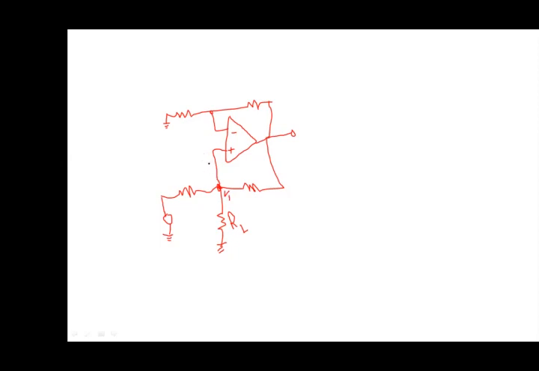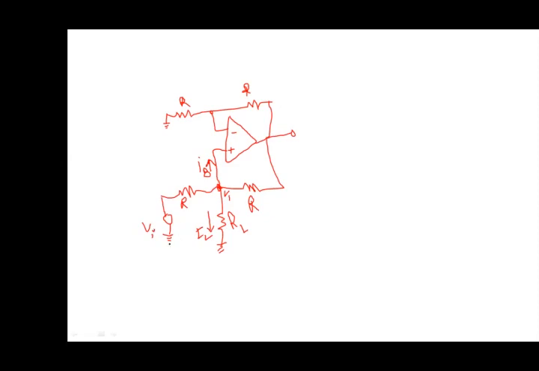and the current flowing into the op amp is IB, and this is R, and this is also R, and these four resistances are the same value resistances, and this is RL, and the current flowing through this is IL, and this is the input VI.